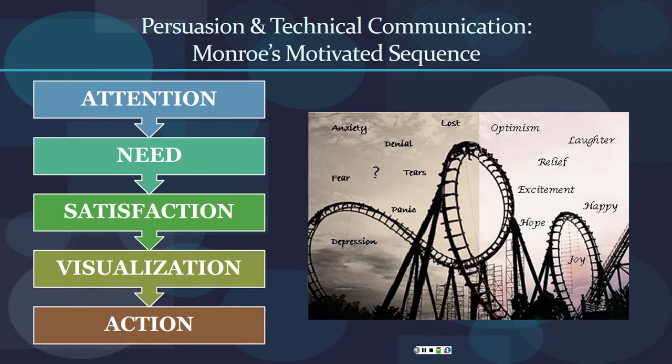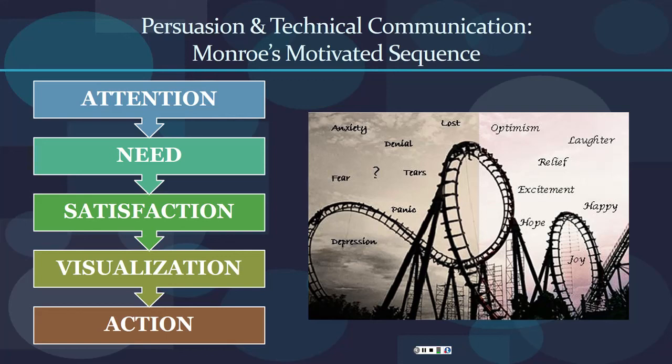Monroe's motivated sequence, in short, is an emotional roller coaster. It's an actual speech pattern that was designed in the 1930s by a man named Alan Monroe. And Alan Monroe decided, I wanted to take the standard problem solution speech and I want to expand it in a way that really makes sure that people do what I want them to do. So he came up with a 5-part sequence.